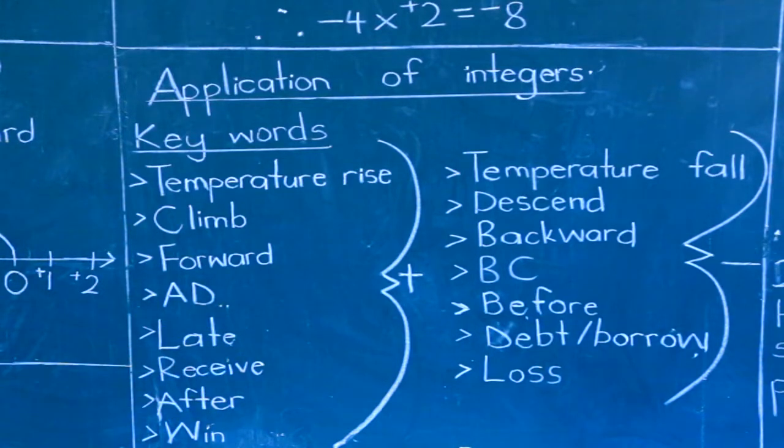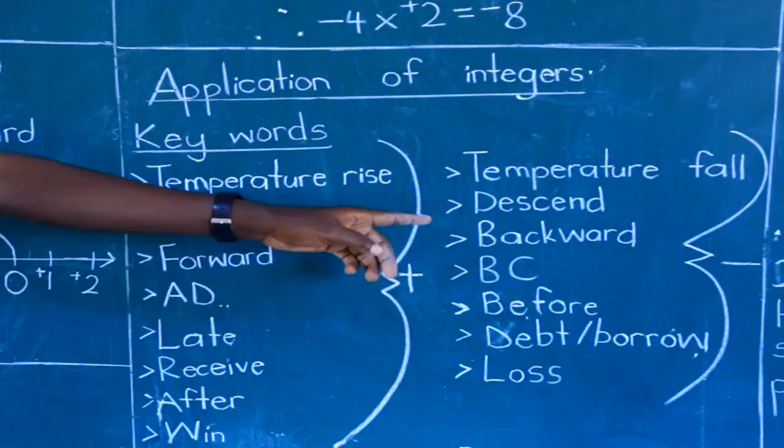Someone receiving anything like money, that is application of positive integers. Somebody arrives after the normal time, that's still application of positive integers. Somebody winning some points or winning a particular gift, you just know somebody is applying a positive integer.